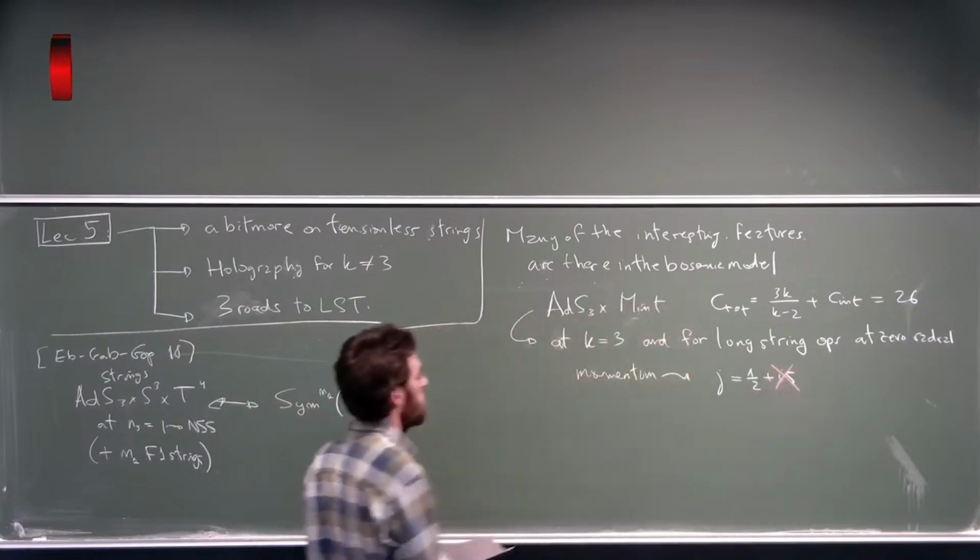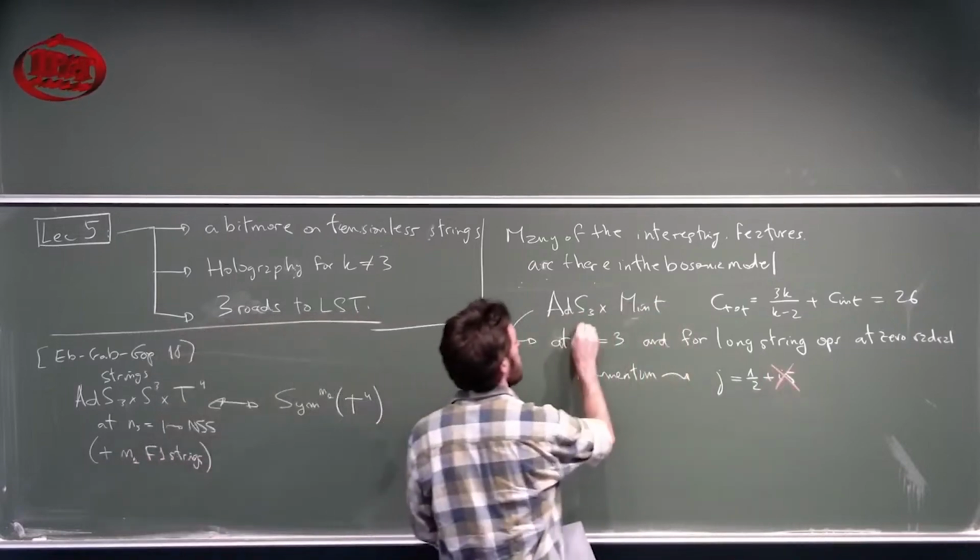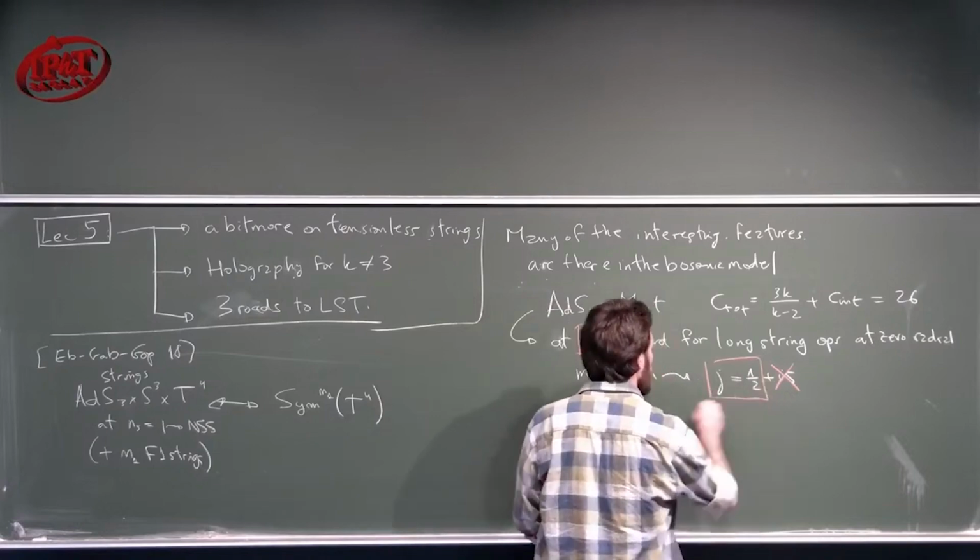It's just focusing on k equals 3 and j equals 1/2.